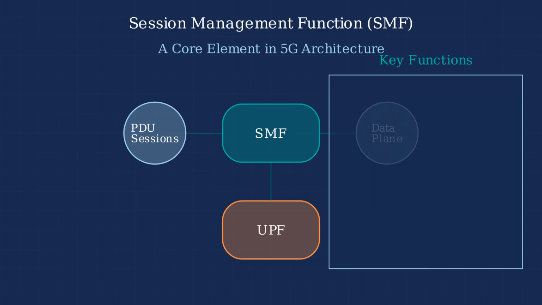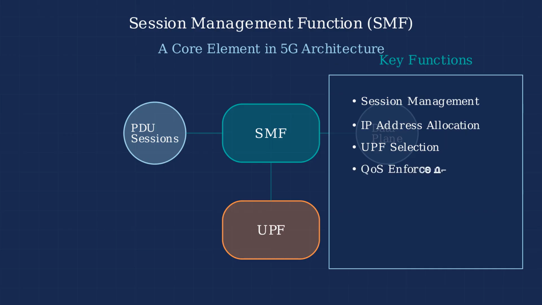Let's examine the key functions that the SMF performs within the 5G architecture. The SMF manages user sessions throughout their lifecycle, from establishment to termination. It handles IP address allocation to user devices, ensuring proper connectivity. The SMF selects the appropriate user plane function based on various criteria such as load and location.